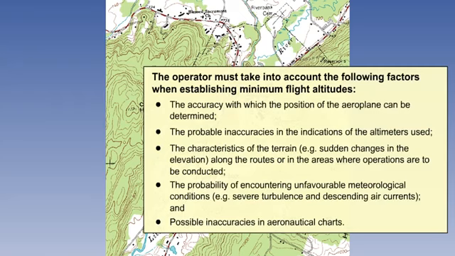When determining the MFA, the operator must consider a number of factors, including the limitations of the altimeter, particularly in terms of pressure and temperature, ATS requirements, and any foreseeable contingencies. Here are the major factors for consideration.